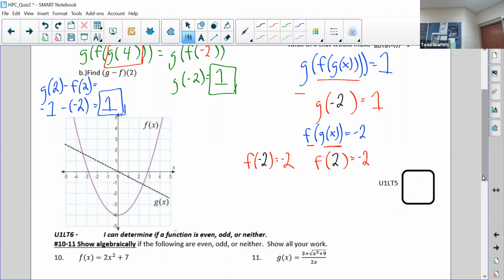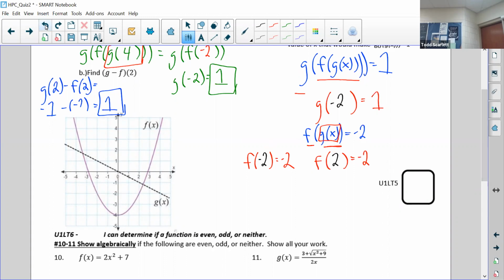Both +2 and -2 produce a y value of -2 when you're on F. So this right here, G of X has to be either 2 or -2.